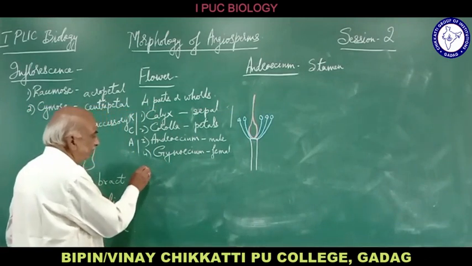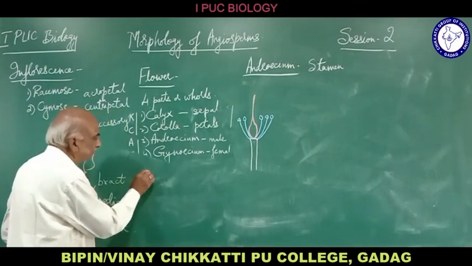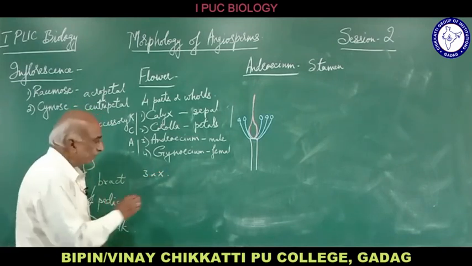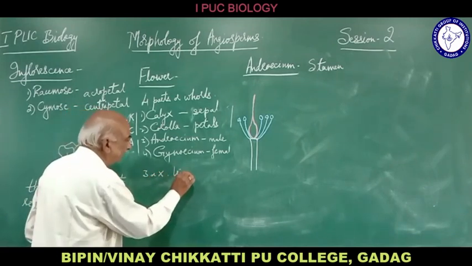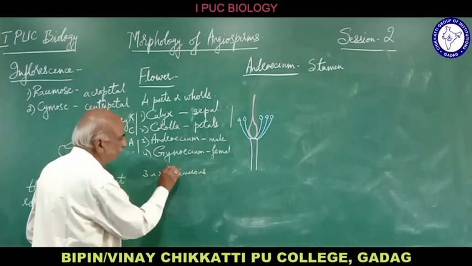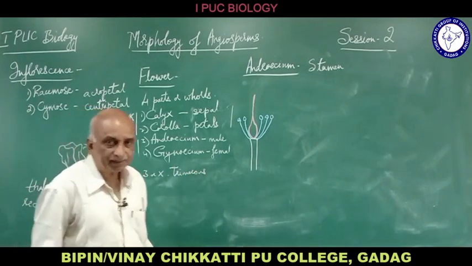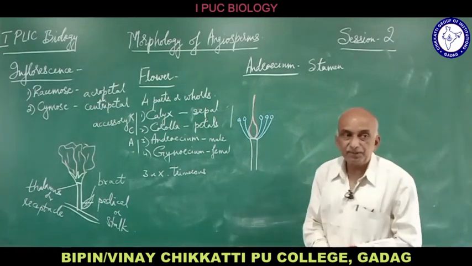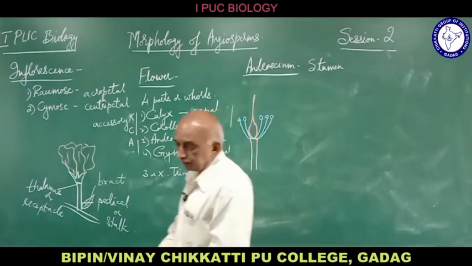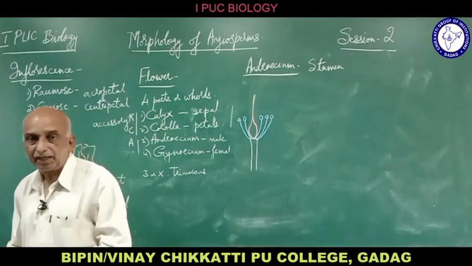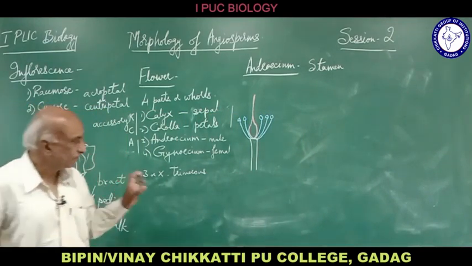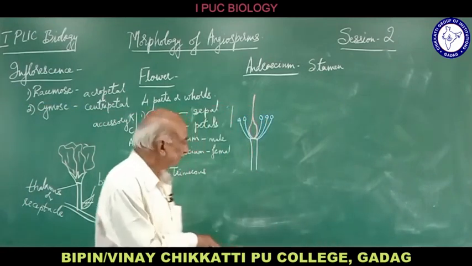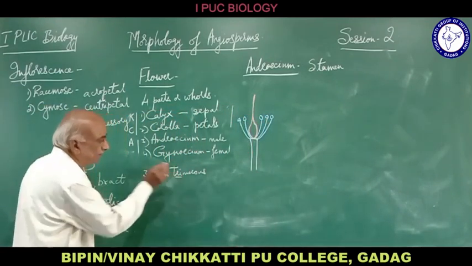When the flower has 3 or multiples of 3, it is usually called a trimerous flower. What is a trimerous flower? A flower in which the parts of the calyx, corolla and androecium are in 3 or multiples of 3 is called trimerous.